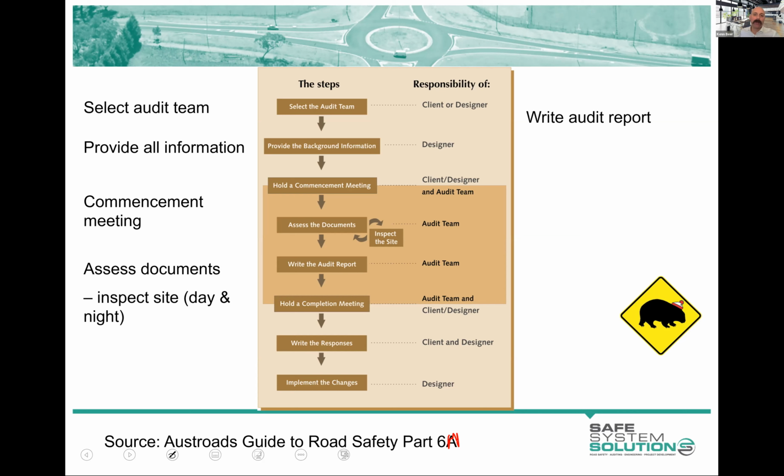We did a couple of work examples of how you write and report this stuff, some sort of completion meeting or handover of information, and then responding to that audit report. So let's go through this. Oh, sorry, almost forgot. The most vital one is actual implementation of change. Otherwise, there's really no point in doing it if we're not going to actually make changes if they're warranted.